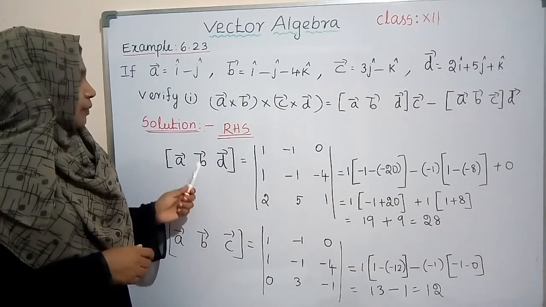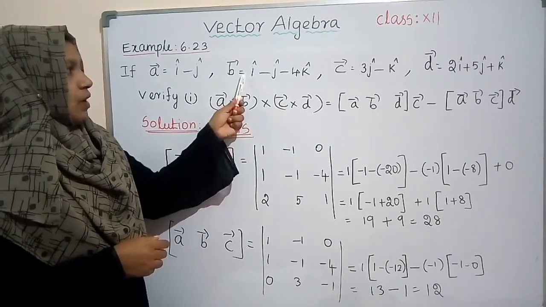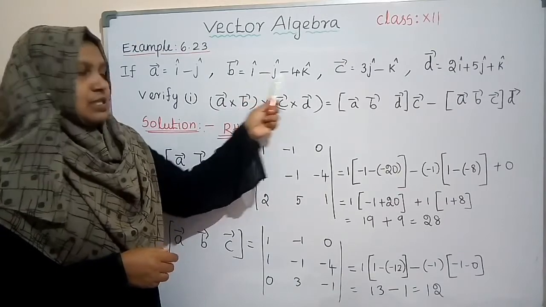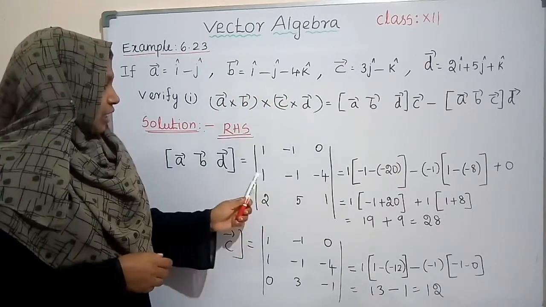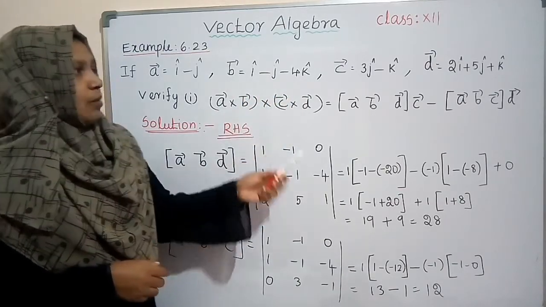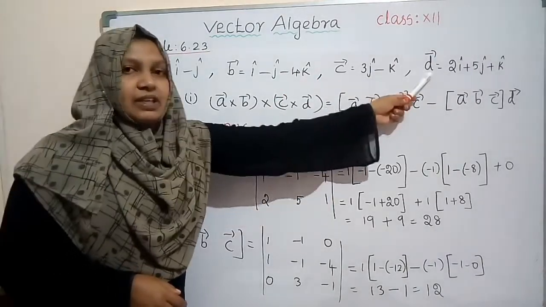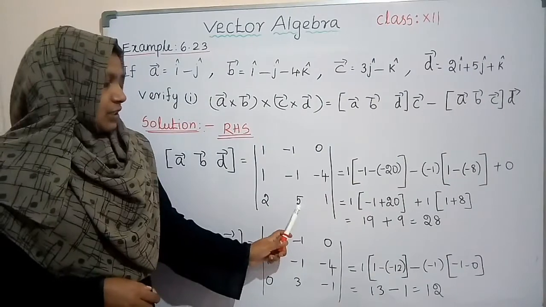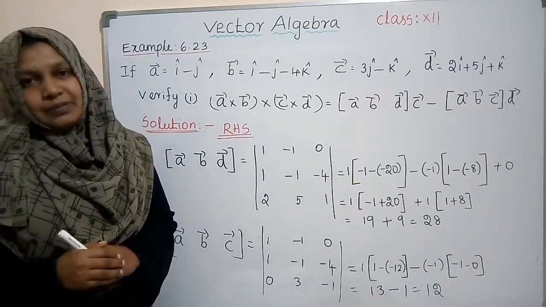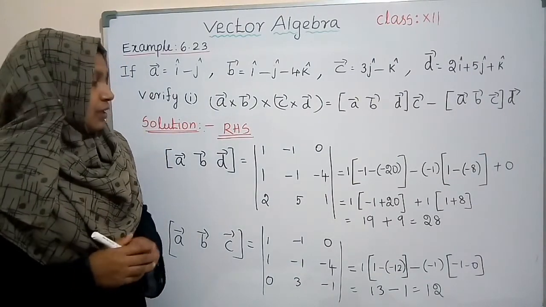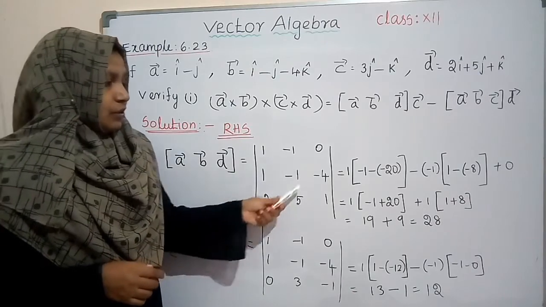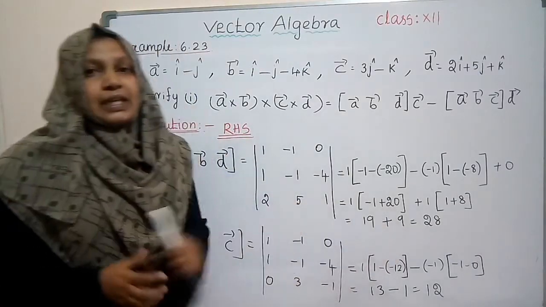And the second row will be the b vector components, 1, minus 1, minus 4. Just write the coefficient alone. And then the d vector components are 2, 5, 1. Okay, from d vector we are choosing the coefficients 2, 5, 1. So now we are calculating the determinant value. Finally we are getting 28.